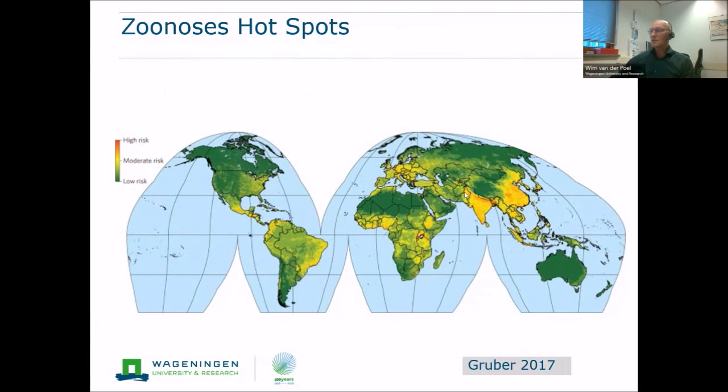And China and India are such hotspots, but also certain regions in Africa and also highly dense livestock production areas in Europe are hotspots for emerging zoonosis.